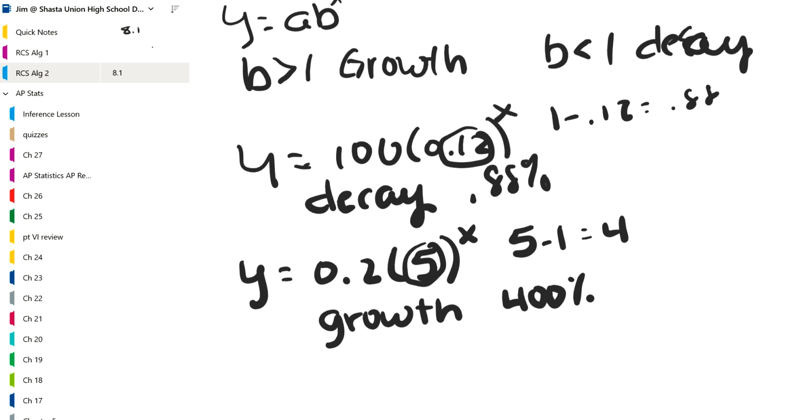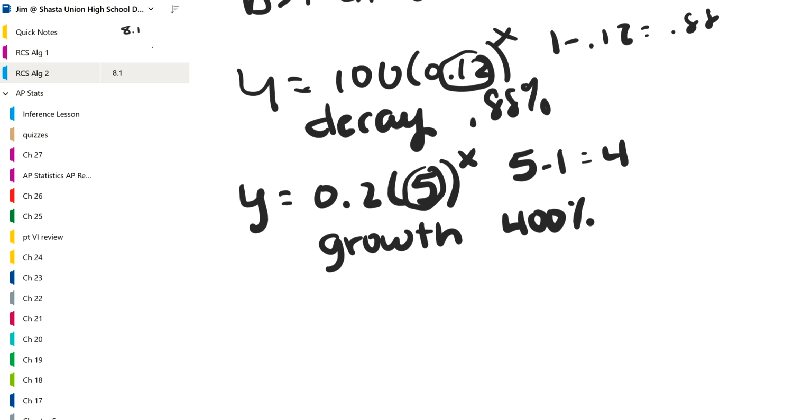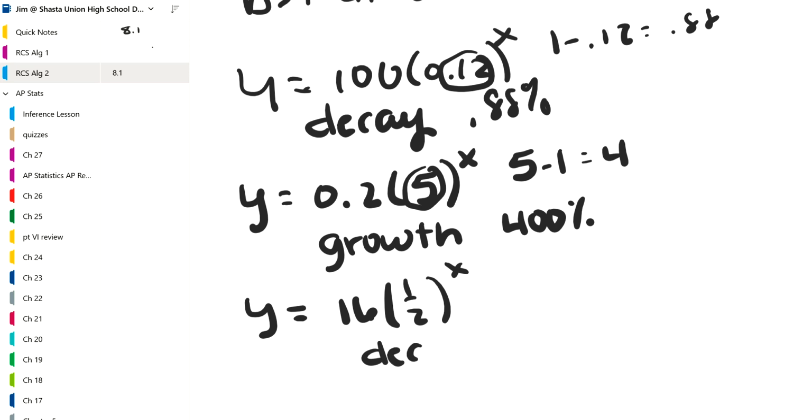So it's increasing 400% with every successive x, right? y equals 16 times 1/2 to the x. Growth or decay? Half is less than 1. So we have decay, and it's decayed at 50%.